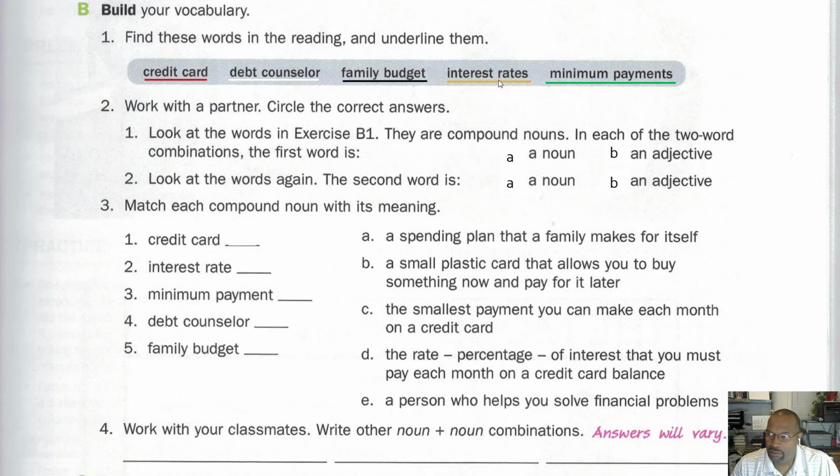Interest rates. Rates is a noun. And then minimum payments. Payments is a noun. So for all of these, the second word is a noun. A. Okay, hopefully you got that. If you have any questions, let me know.